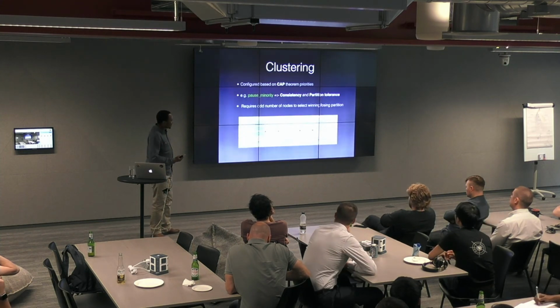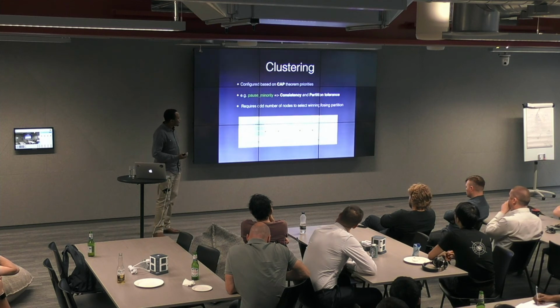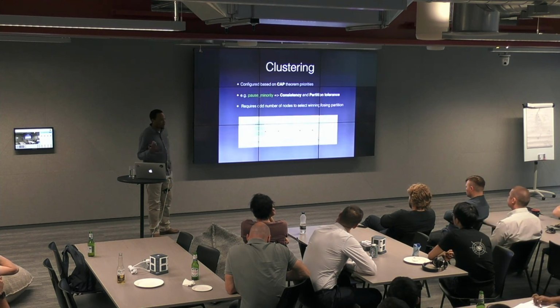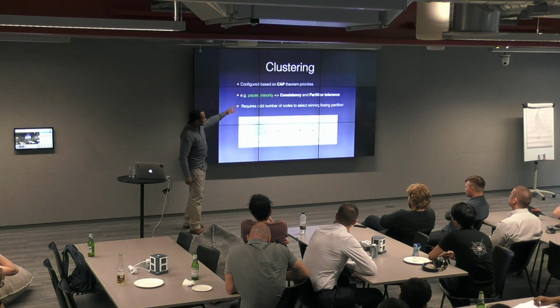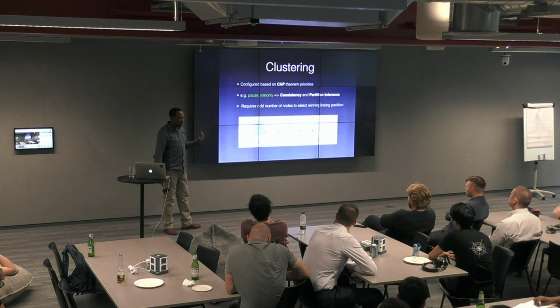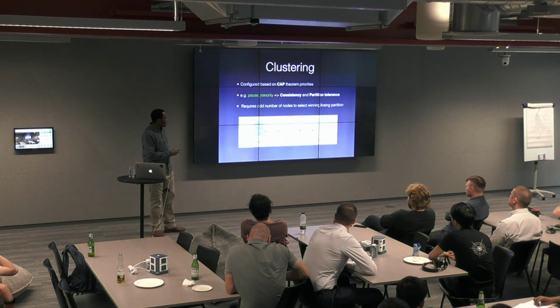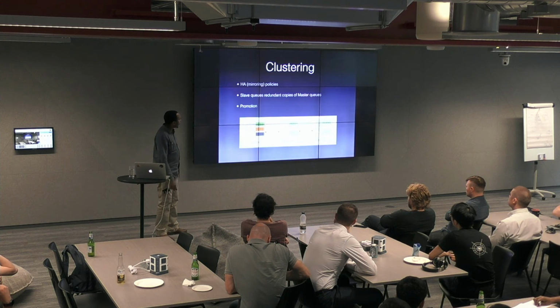And clustering is basically based on the CAP theorem, right? So you've got the flexibility to prioritize what you want more: consistency or partition tolerance, and there's a whole bunch of algorithms within Rabbit, like pause minority, that you can use to dictate how your clustering is going to operate, right? And then you've also got the concept of policies.